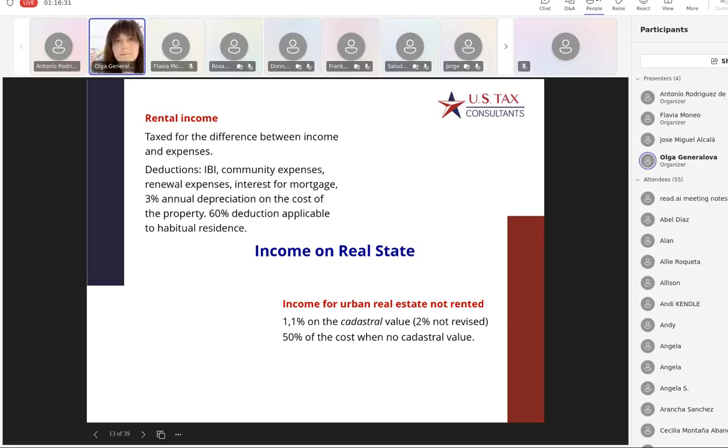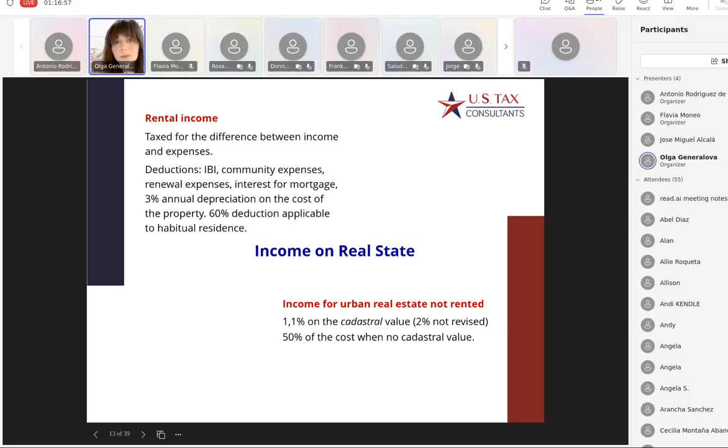And finally, something very different from the United States. Every property that is not your primary residence must be declared in your Spanish tax return and is taxed. The value which you will use is the acquisition value, not the market value.